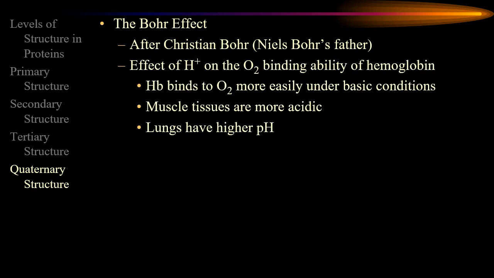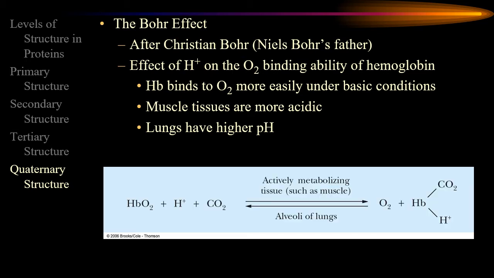So the observation was that the concentration of hydrogen ions has an effect on the oxygen binding ability of hemoglobin. Hemoglobin binds to oxygen more easily under basic conditions, meaning higher pH. So what are the normal conditions of organisms that have blood? The muscle tissues, comparatively speaking, are more acidic, and the lungs usually have higher pH, or are less acidic.